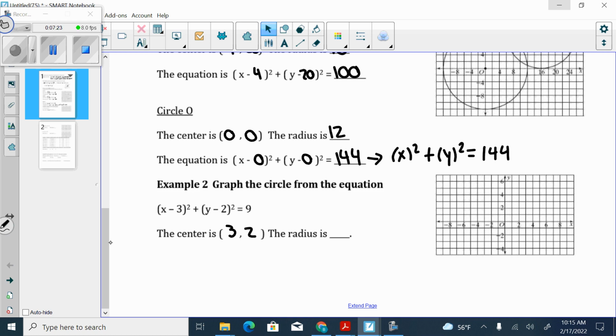Okay, and if they have 9 out here, what is the radius? 3, right? Because we have to take the square root of that number to undo the square. Very good. So I'm going to come over here and put myself a point at 3, 2. Then I'm going to count up 3 units, over 3 units, left and right, down 3 units, so that I have a good idea of my circle.